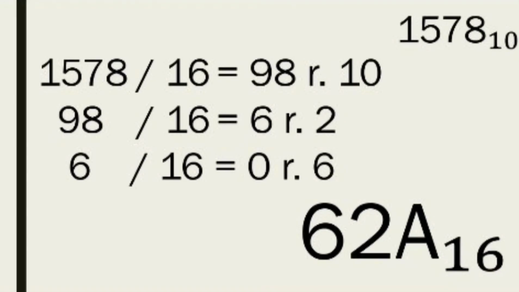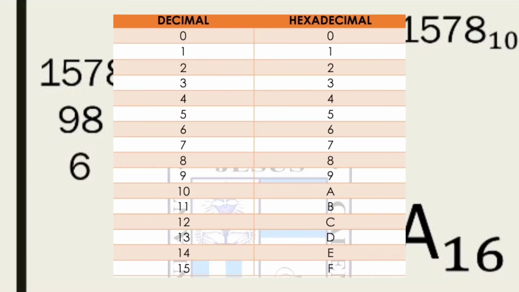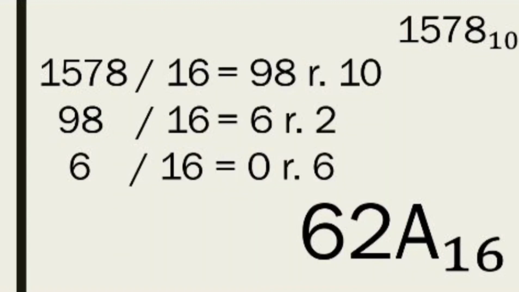As you notice, there is letter A in the converted hexadecimal number. We need to convert 10 to letter A and 11 to letter B, 12 to letter C, 13 to letter D, 14 to letter E, and lastly, 15 to F. 3052 base 8 in octal is 62A base 16 in hexadecimal.